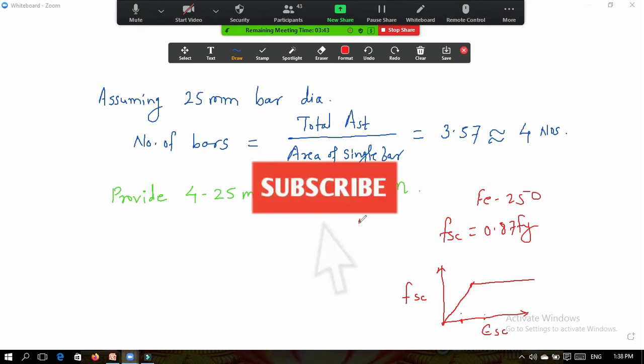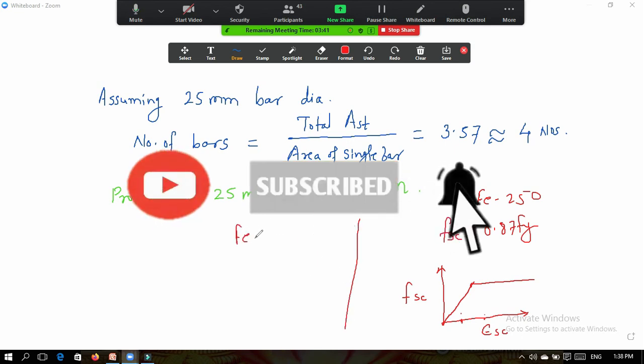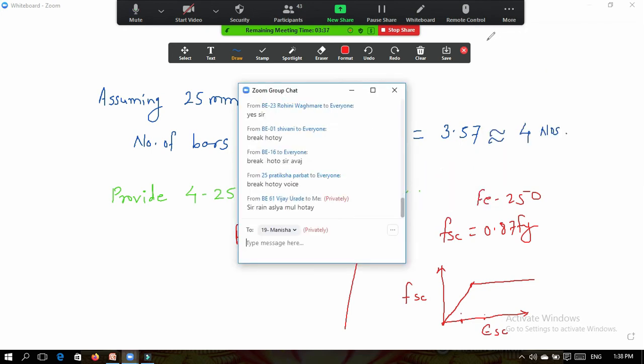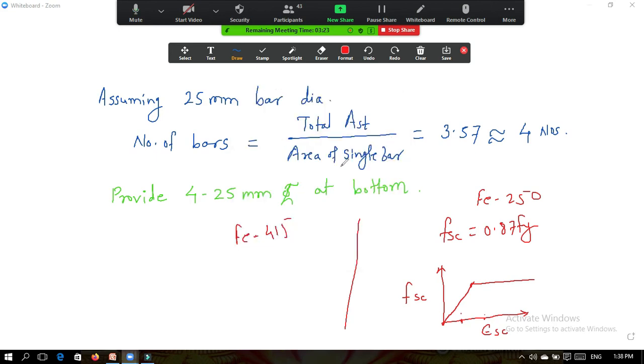So now this is the case, but now we are having Fe415. For Fe415, if we want to calculate the value of Fsc, then first we need to calculate the value of epsilon Sc, which is nothing but the strain.